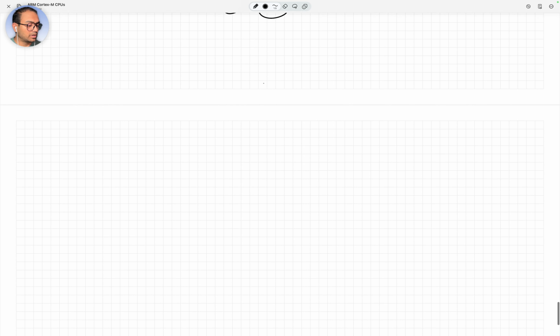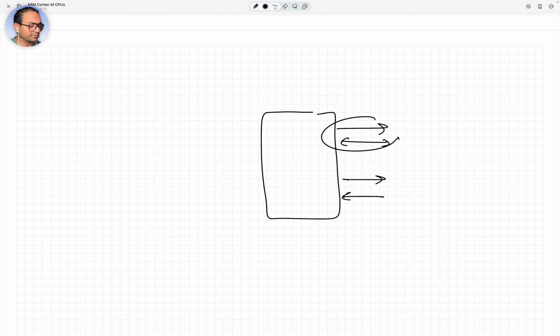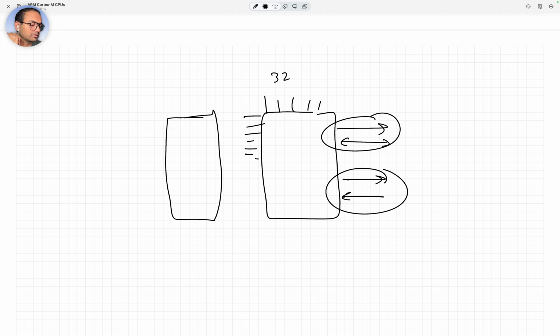And so now what happens is we have our CPU here. Again, it has buses, memory, and so on. And you had a few inputs here, let's say 32 pins. What the M-class folks have done is they have given another integrated circuit that has one line going to the CPU and one bus, or a bunch of them, going to the CPU.